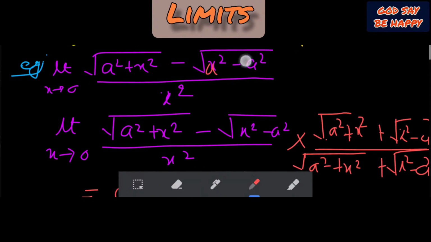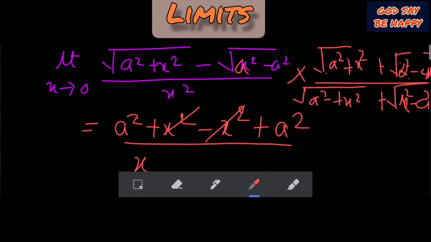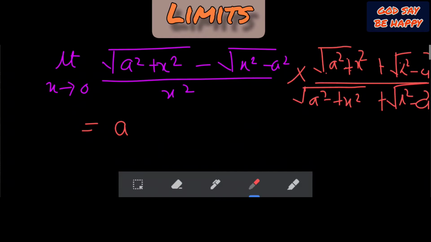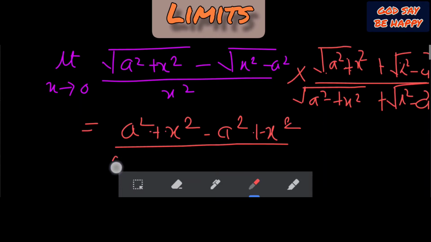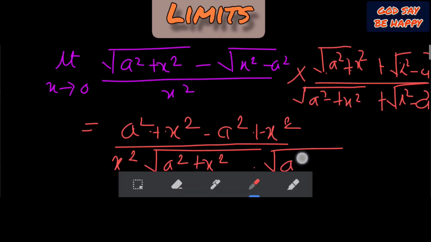Here it is a square and x square, so it will be a square plus x square minus a square plus x square upon x square root a square plus x square plus root a square minus x square.